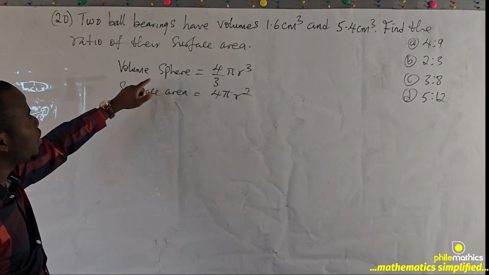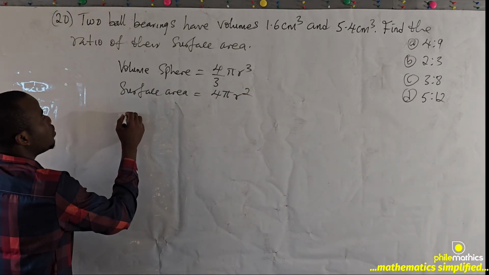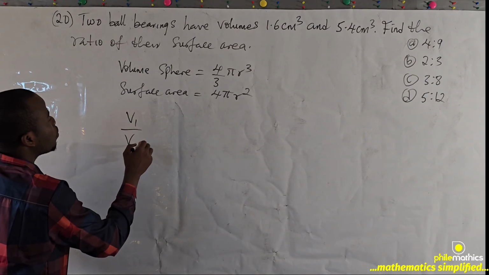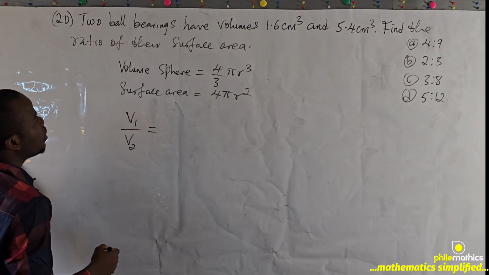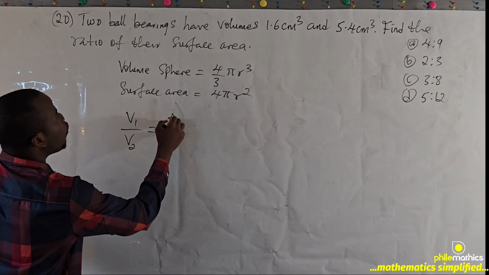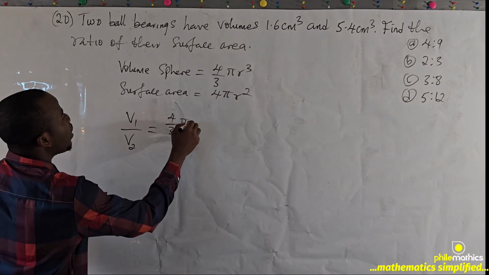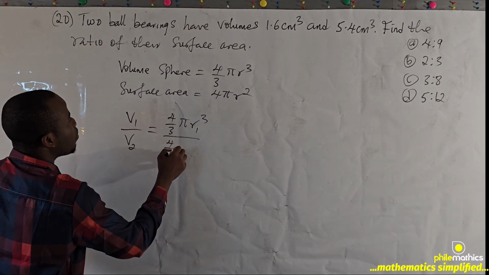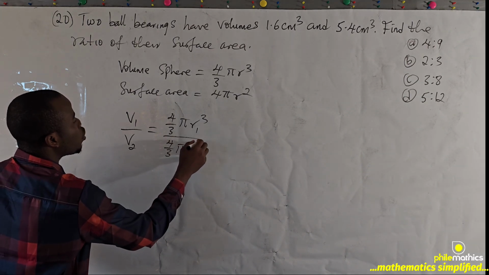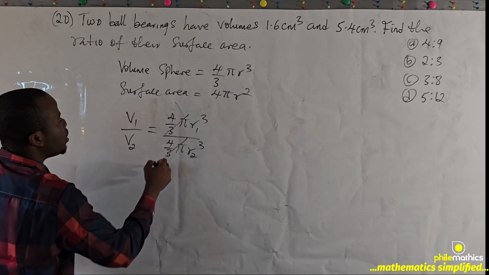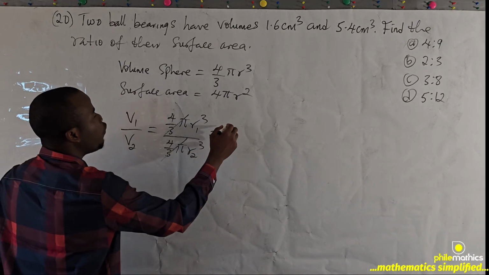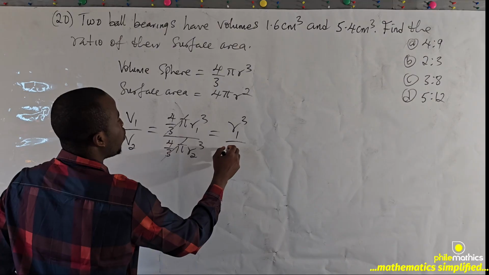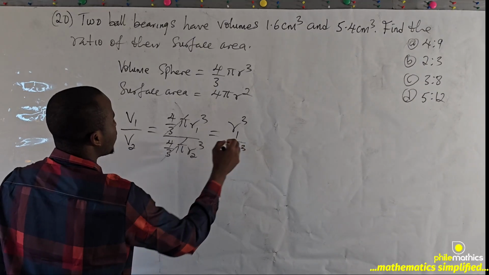And if volume 1 over volume 2 is equal to 4 over 3 pi r1 cubed over 4 over 3 pi r2 cubed, we see that this can cancel with this, and so their volumes are proportional to the cube of their radii.